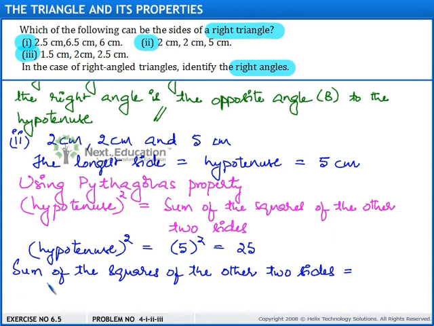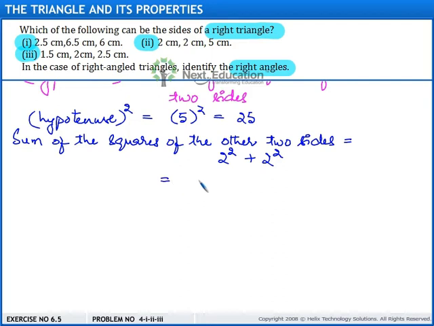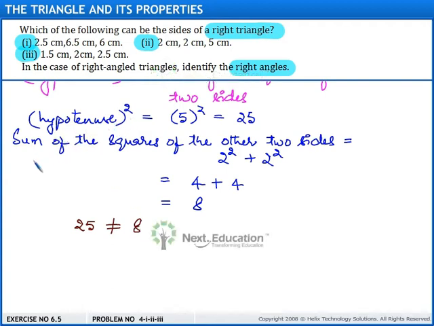Now, sum of the squares of the other two sides is equal to 2 square plus 2 square, which gives us 4 plus 4 is equal to 8. Since 25 is not equal to 8, we can say that the square of the hypotenuse is not equal to the sum of the squares of the other two sides.